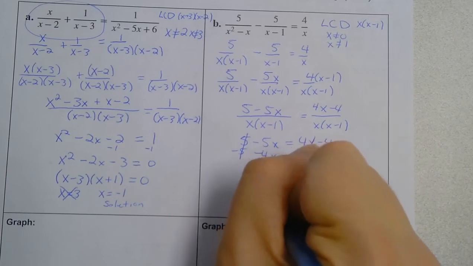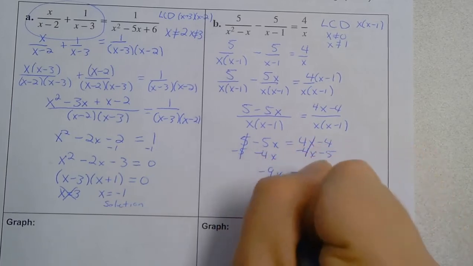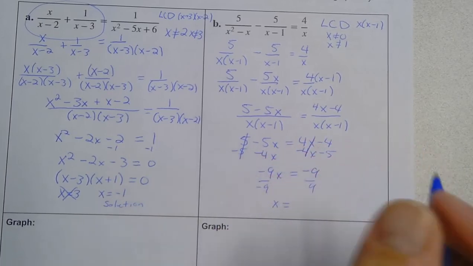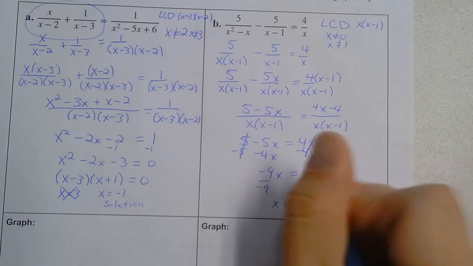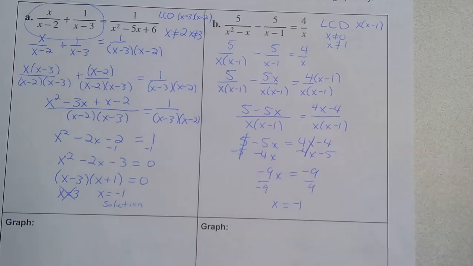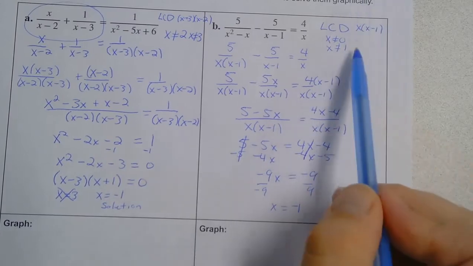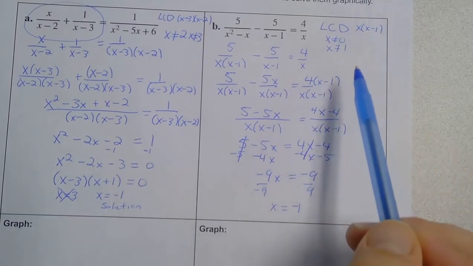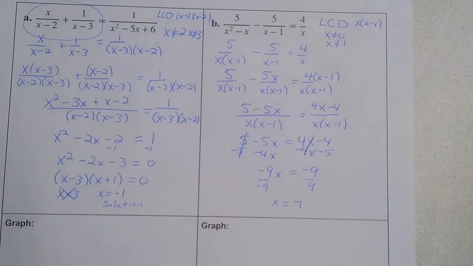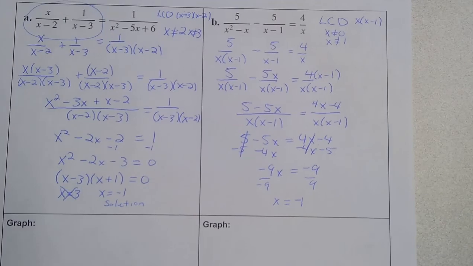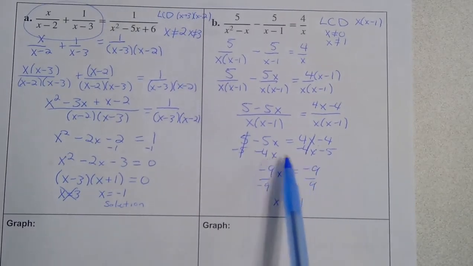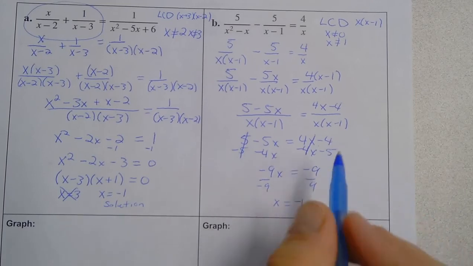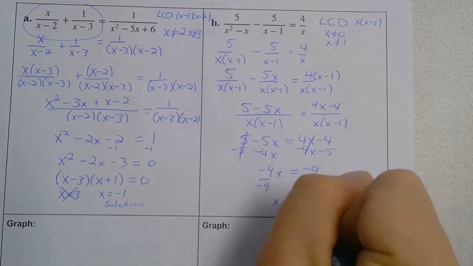Then I'm going to divide by negative 9 on both sides and get x equals negative 1. And for my domain restriction, actually up here, if I look at that, negative 9 divided by negative 9 makes positive 1.